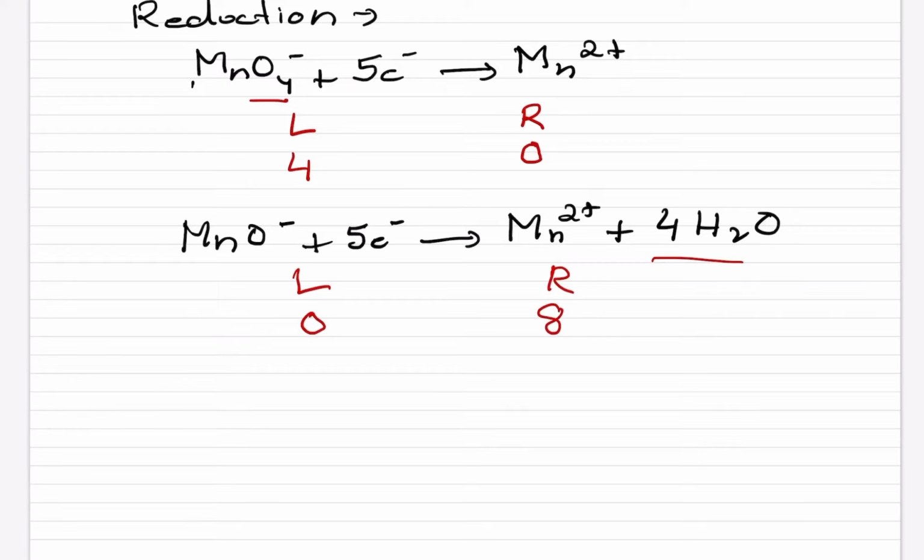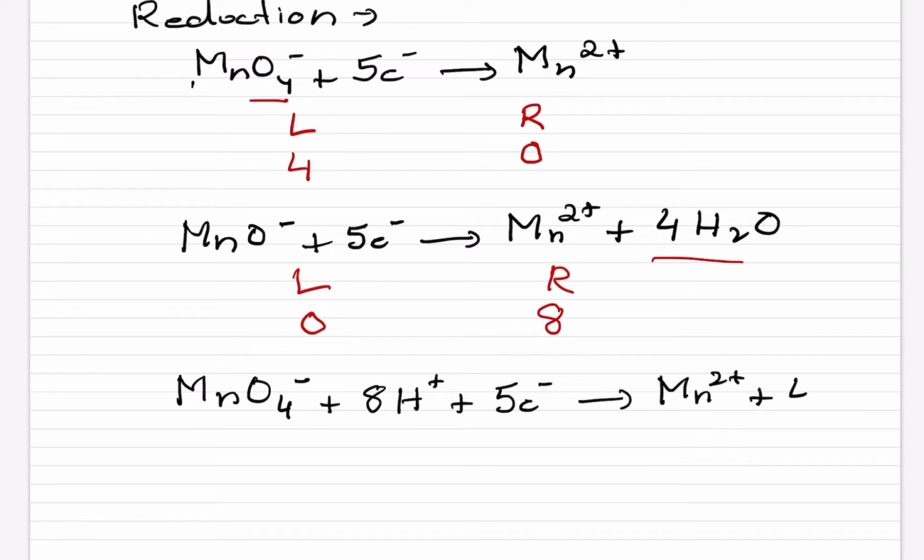So in order to balance the 4 H2O, 4 into 2, 8 H, we have to add 8 H+ on the left side. So let's do that. Plus 5 electrons will give you Mn2+ plus 4 H2O. So we have balanced it.